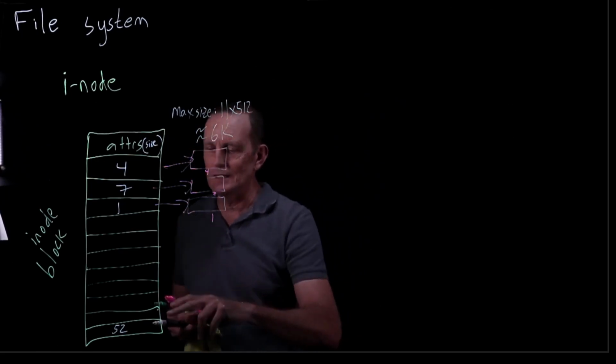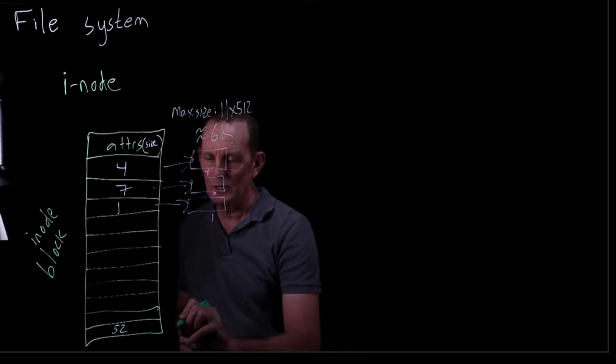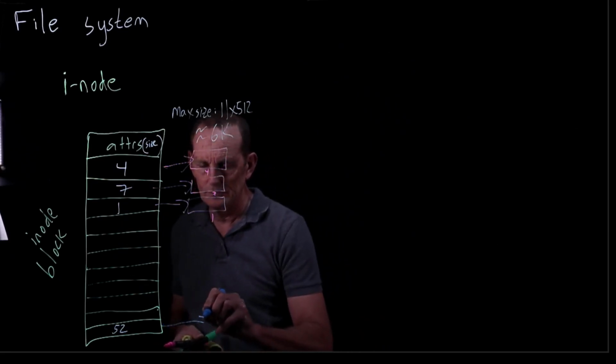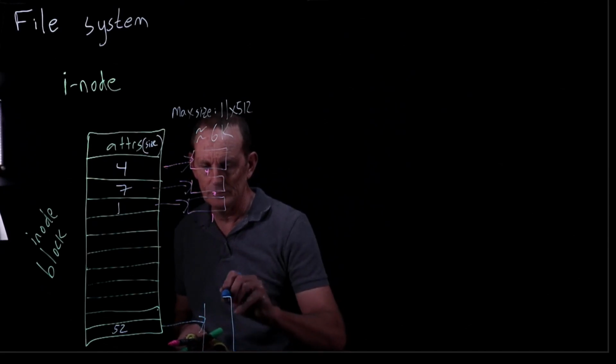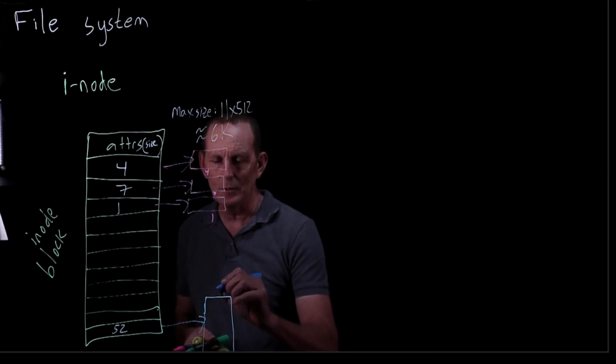And then we get to the 10th block, and then we say, okay, this one is going to point to a block, and it's going to be an indirect block.